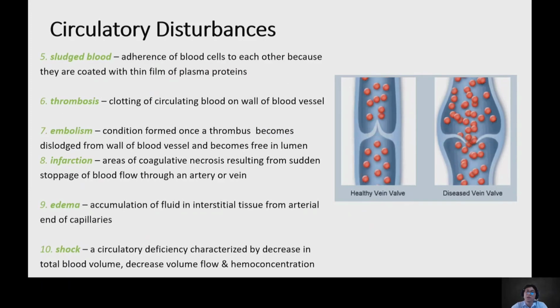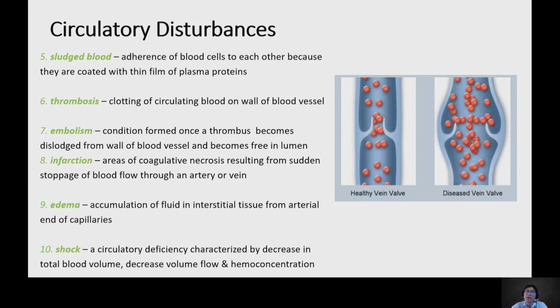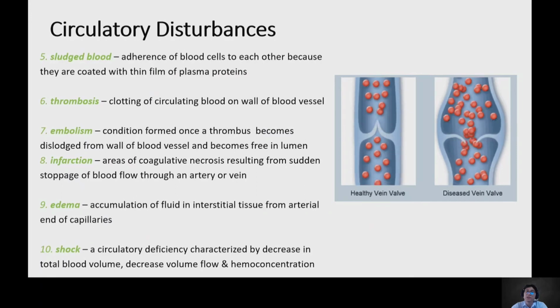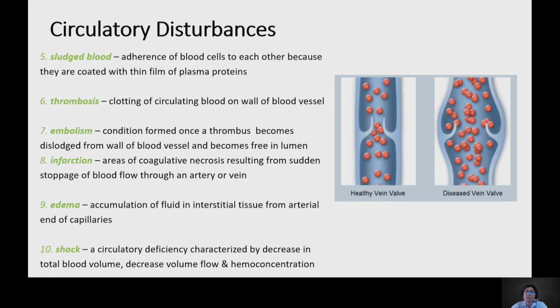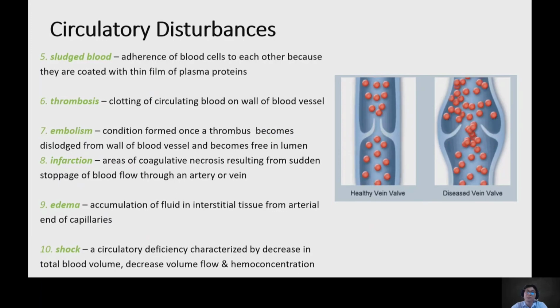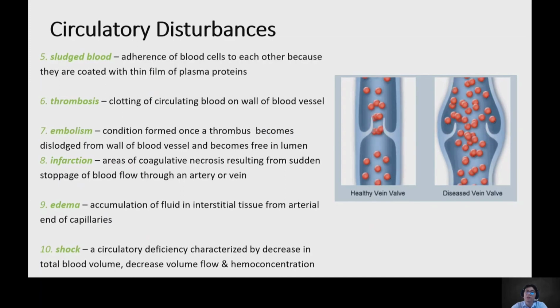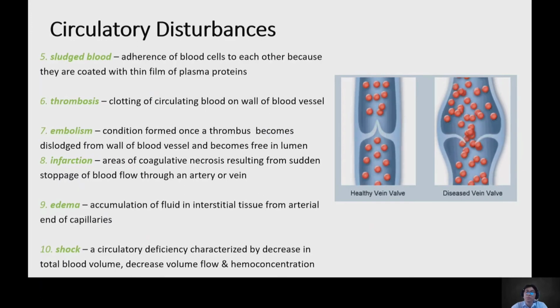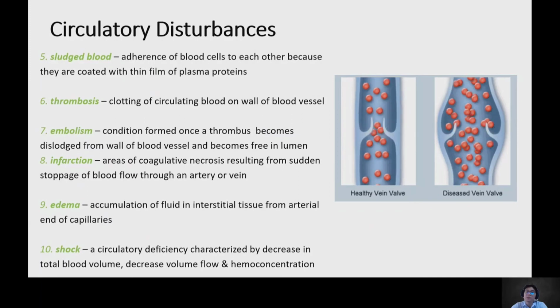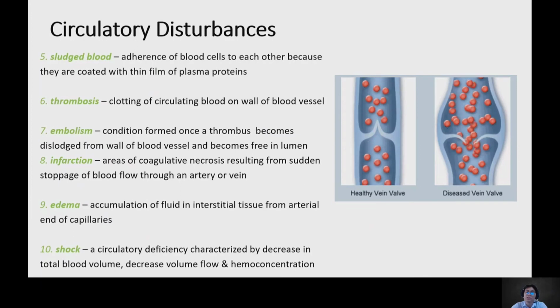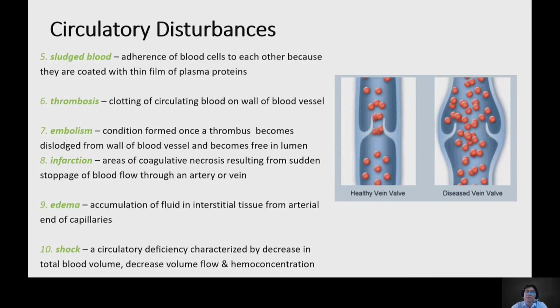Circulatory disturbances, number 5 is sludged blood, an adherence of blood cells to each other because they are coated with a film of plasma proteins. 6 is thrombosis, clotting of circulating blood on the wall of a blood vessel. Next is embolism, a condition formed once a thrombus becomes dislodged from the wall of the blood vessel and becomes free in the lumen. Infarction, an area of coagulative necrosis resulting from sudden stoppage of blood flow through an artery or vein.